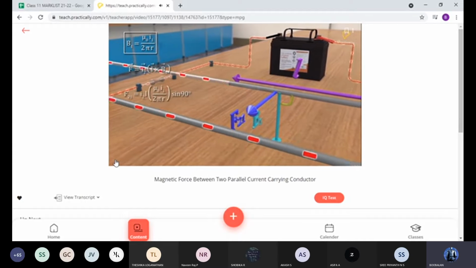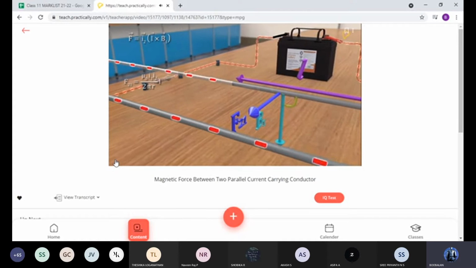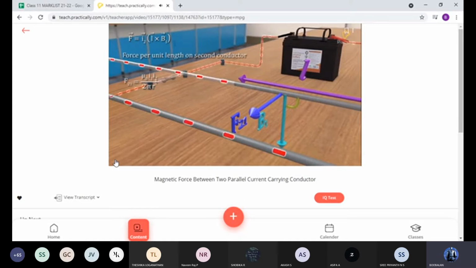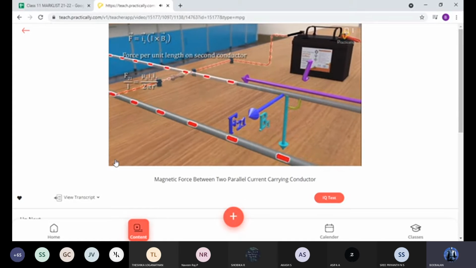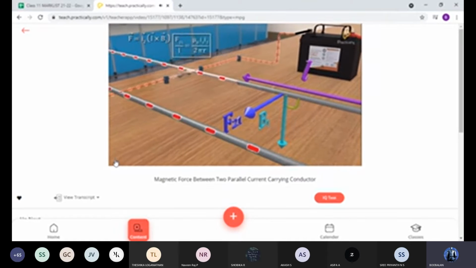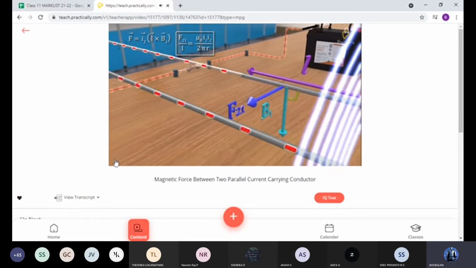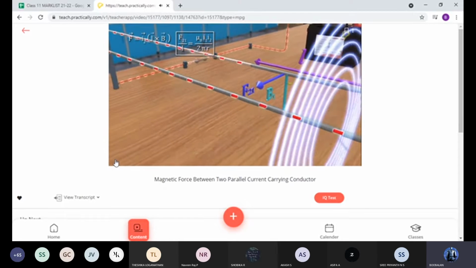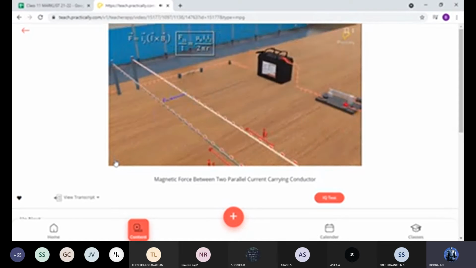Substituting B1 in it, we get force per unit length on the second conductor F21 by L equals mu naught I1 I2 by 2 pi r. Cross product of L bar and B1 bar is towards the first conductor. Hence, magnetic force on the second conductor is towards the first conductor.